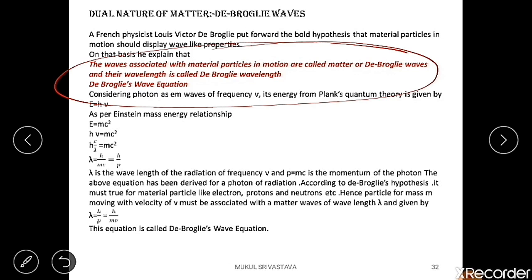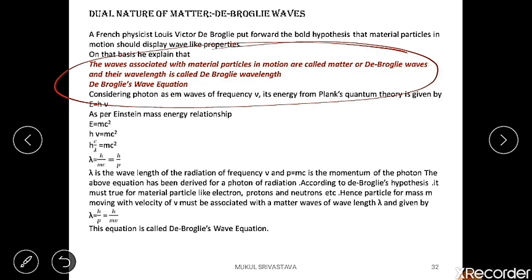Now, we are going to prove the de Broglie wave equation here. Considering a photon of an electromagnetic wave of frequency nu, its energy from Planck quantum theory is given by E equals h nu. Now, as per Einstein mass energy relationship, E equals mc square, and we are going to equate this value of E in the equation E equals h nu.